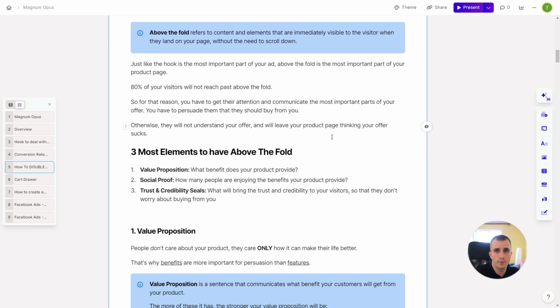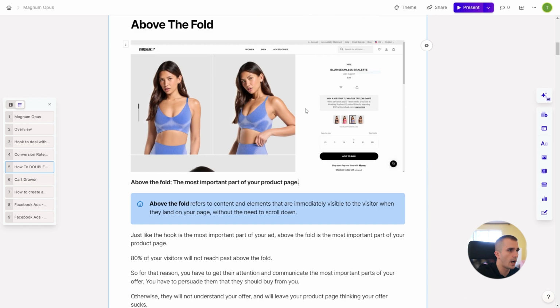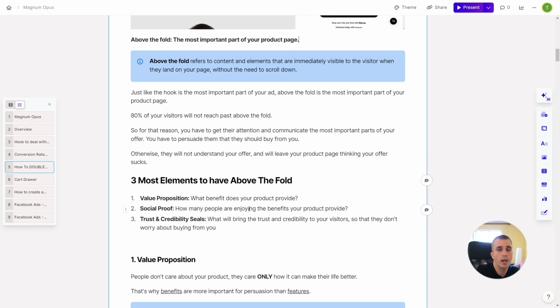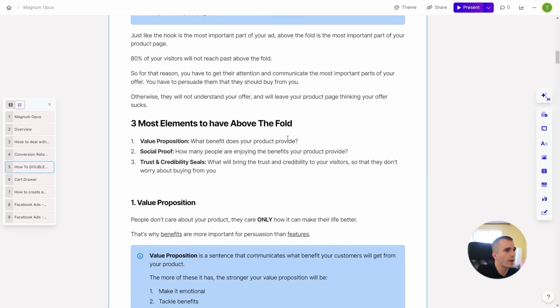So in this video, we are going to improve the above the fold of the product page to help you increase the conversion rate. What are the top 3 elements that you need to have above the fold if you want to increase your conversion rate? We are going to cover all these elements in depth with examples in this video. The first one is the value proposition. In short, what benefit does your product provide to your customers?